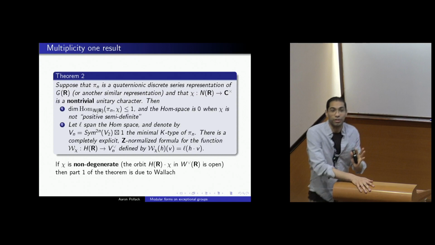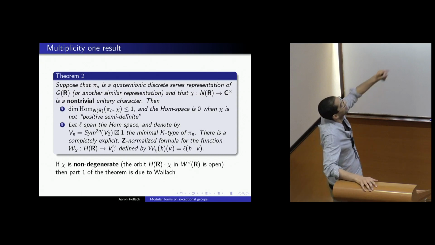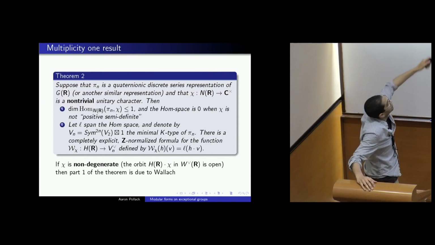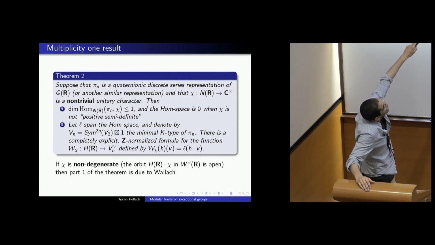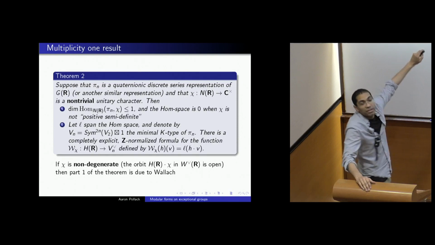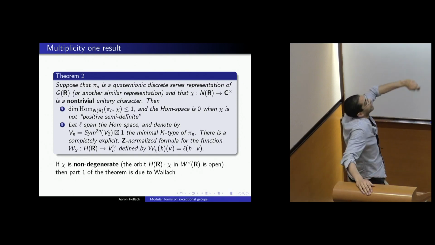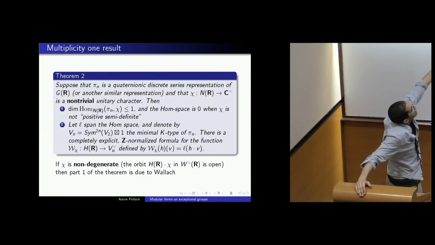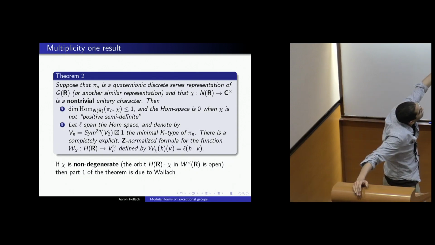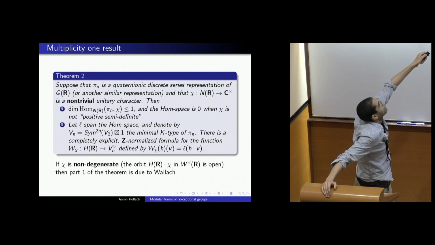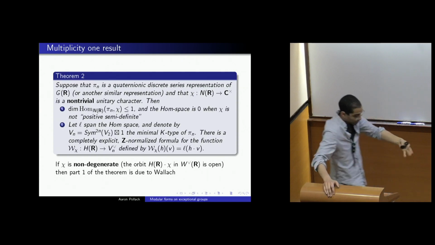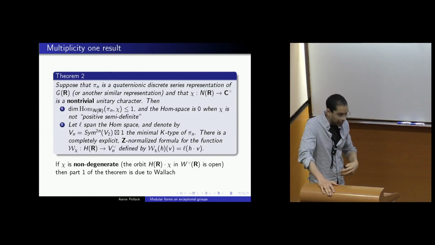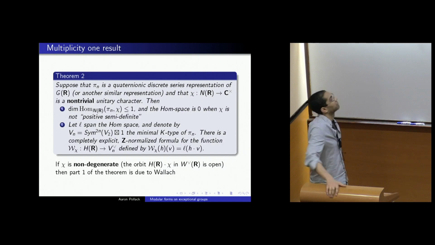It's not a technical term, but what I mean is, let me explain just a little bit. So you have a complex line of these functionals L, and this K-type is, of course, irreducible. So you have a complex line of identifications. Hom from K to itself is one-dimensional.